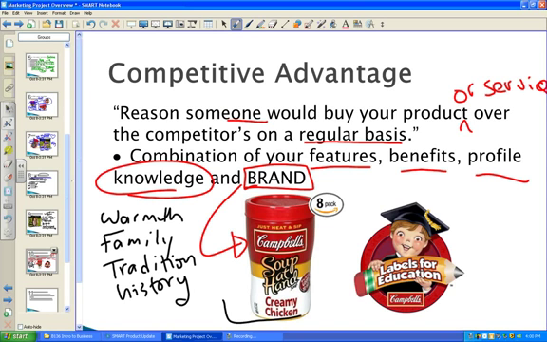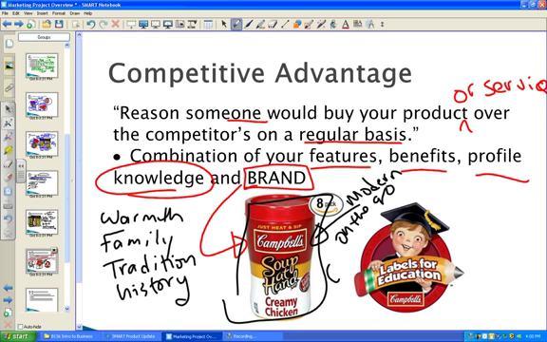But this new product of theirs is also very modern. It's on the go. It's convenience. So you get all the brand of Campbell's with the reasons that Sally would buy Campbell's Soup at Hand today. And it's reinforced by what are called augmented values, like caring for schools, caring for kids.